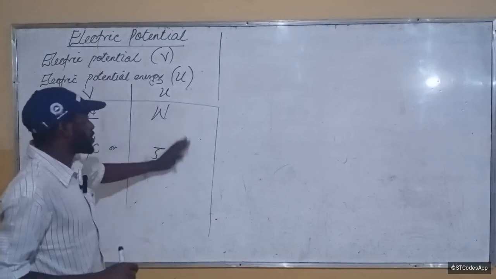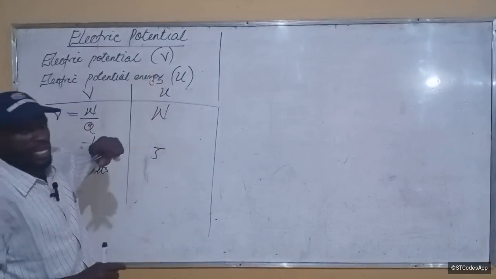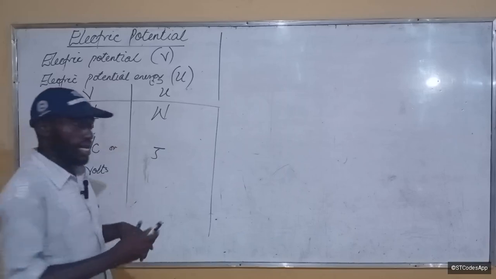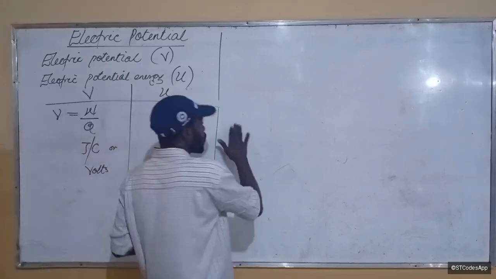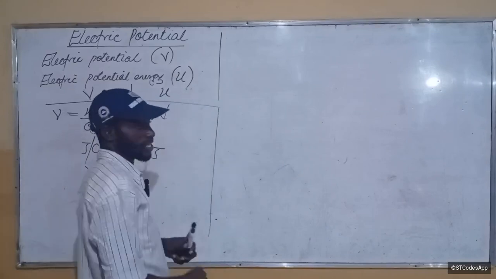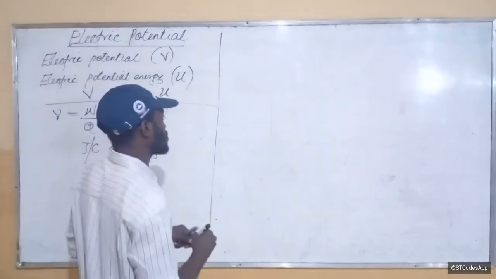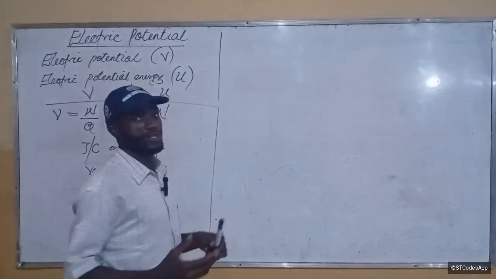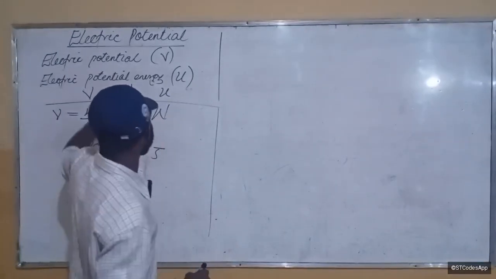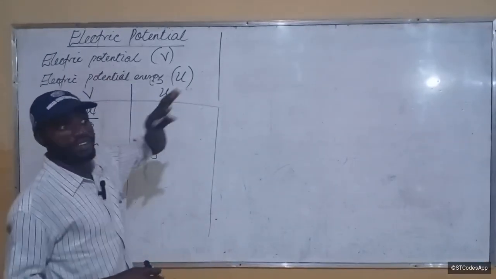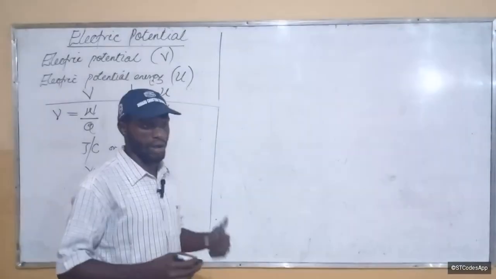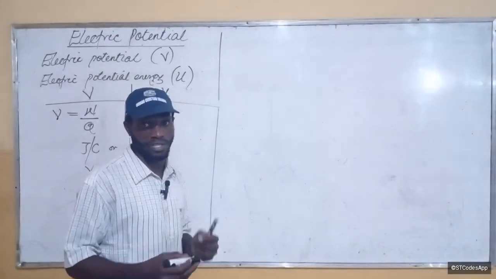Now let me differentiate between them so that you will understand. I'm going to use the locus classicus, the classical analogy we use. This can be related to the gravitational field of the Earth.